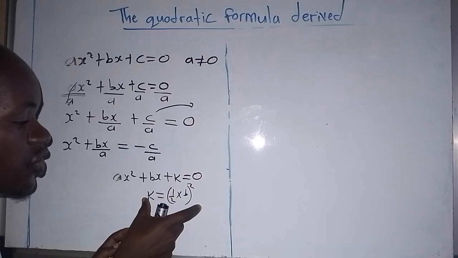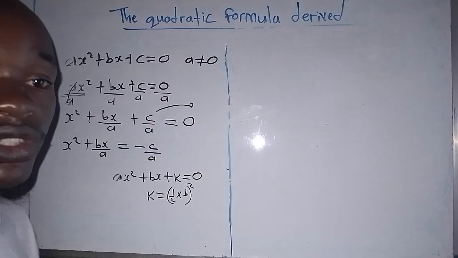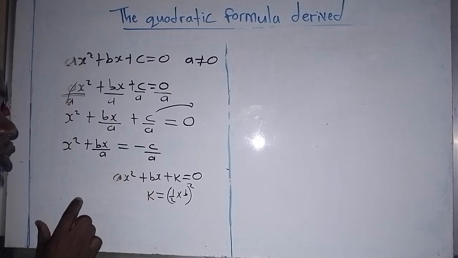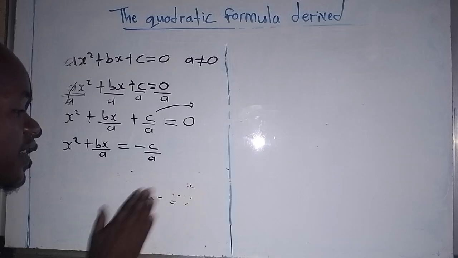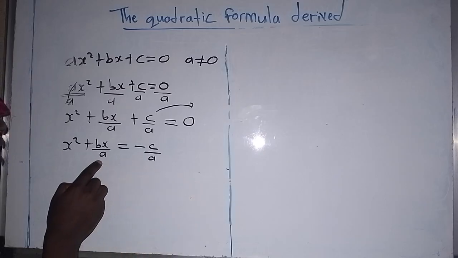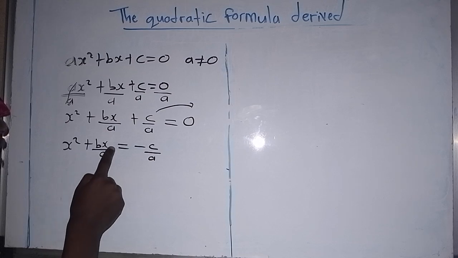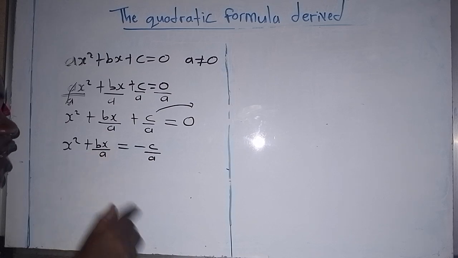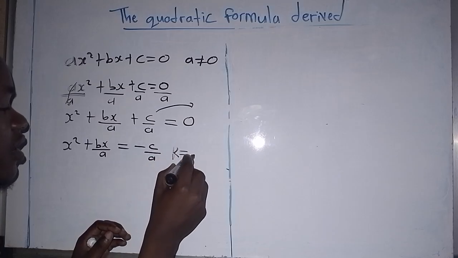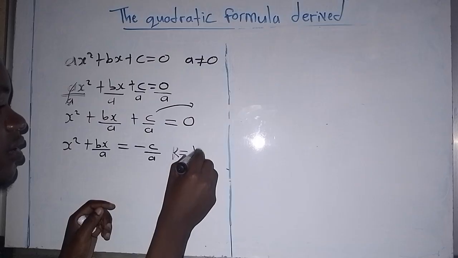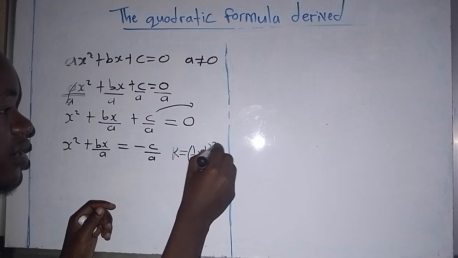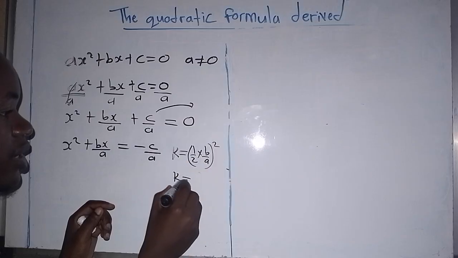We are going to use this concept at the stage we have reached. We get the coefficient of x, which is b over a, as if we want to find the value of k. Then k equals half times b over a, all squared.